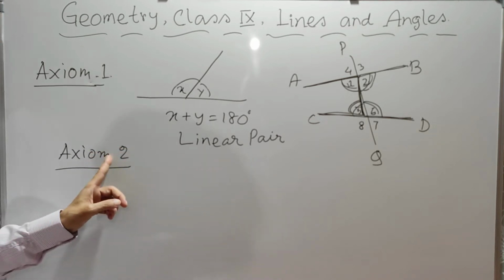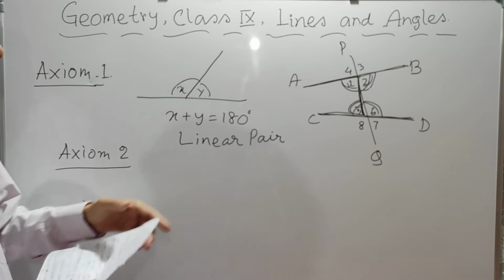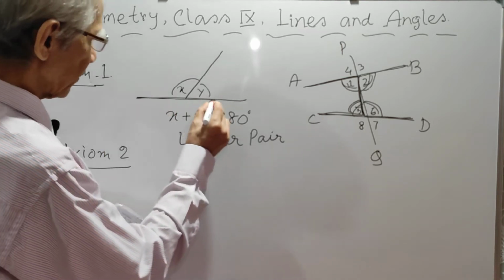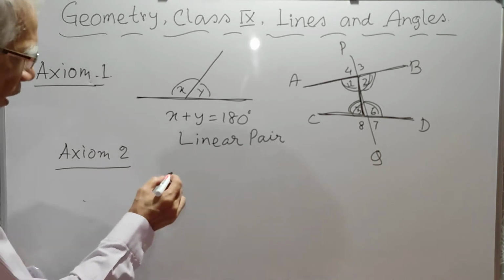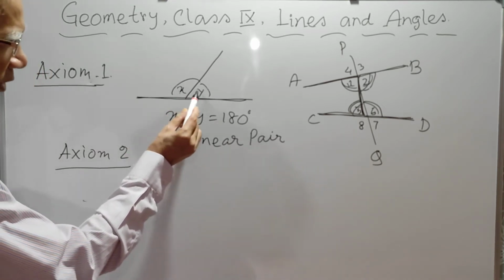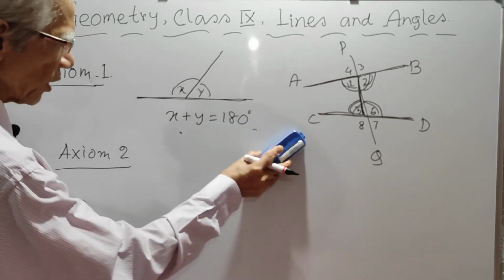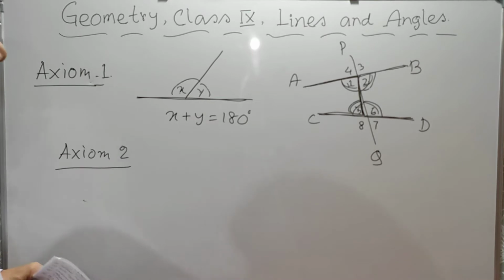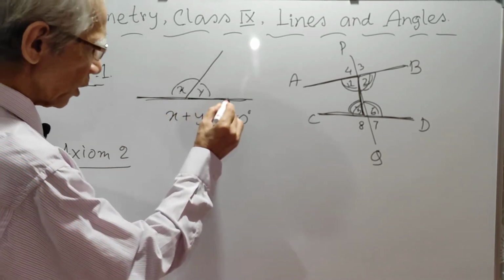Then the converse is this: if the sum is 180 degrees, then this is a straight line. That means if the sum of two adjacent angles is 180 degrees, then the non-common arms.